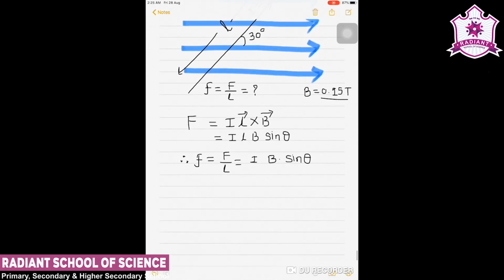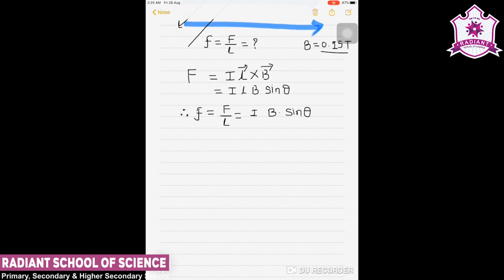Now we have to solve it. When we solve it, we get that small f equals the value of I, that is 8 ampere, the value of B, that is 0.15 Tesla, and the angle that is 30, that is sine 30.